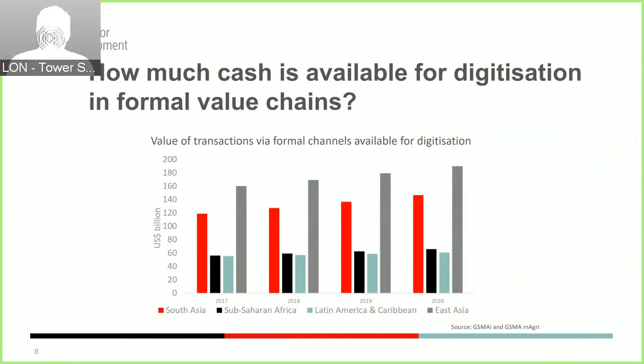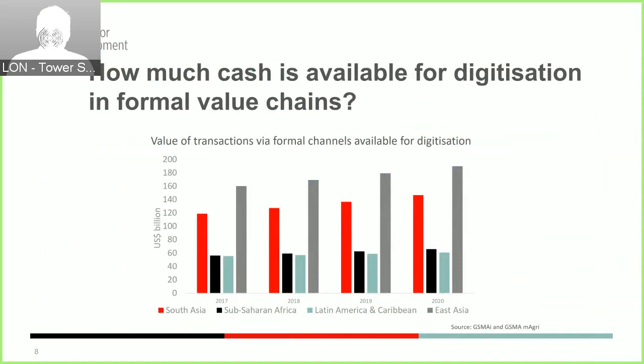So together with GSMA Intelligence, here at the GSMA, the mAgri program has developed a model that estimates the total size of transactions in formal value chains, transactions that are currently in cash and are potentially available for digitization. So if we just look at the total value of these transactions, this value is globally across 71 countries about 390 billion in 2017.